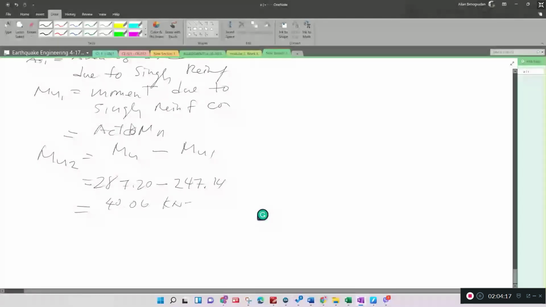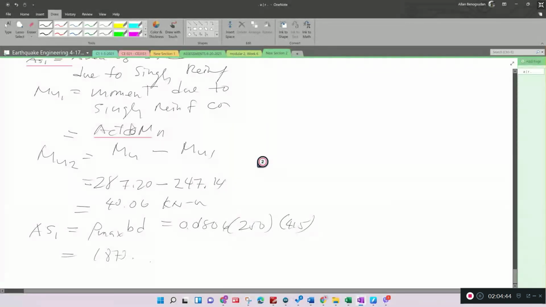Okay, so if you have question, please ask. This one is equal to rho max multiplied by b d. Na-compute natin yung rho max, diba? 0.01806 multiplied by 250 multiplied by 415. So that is now equal to 1,873.73 mm squared.